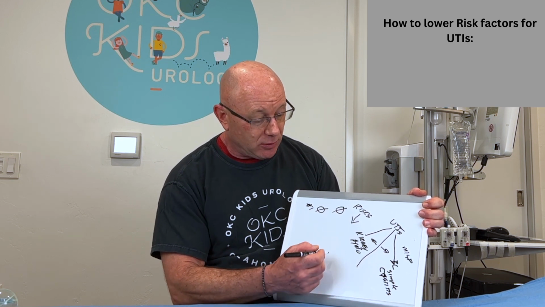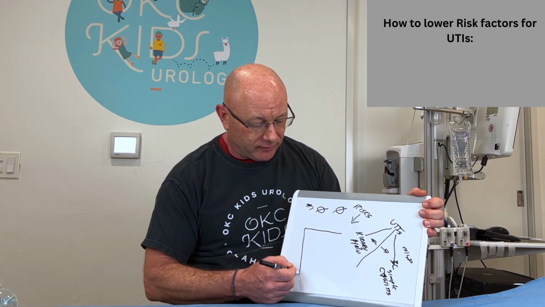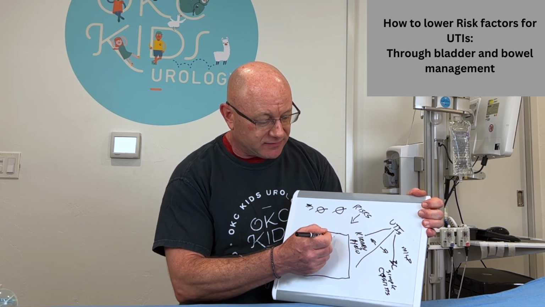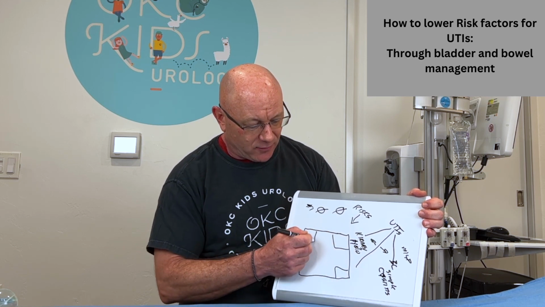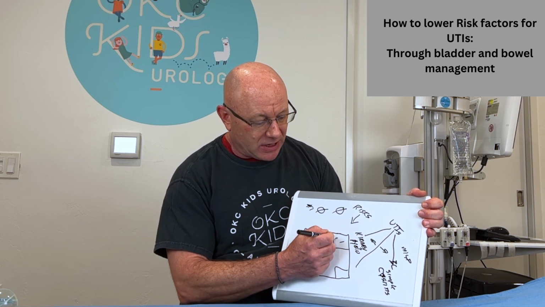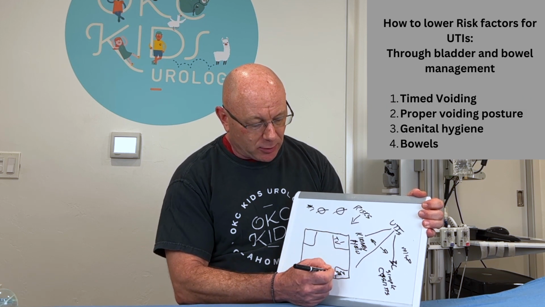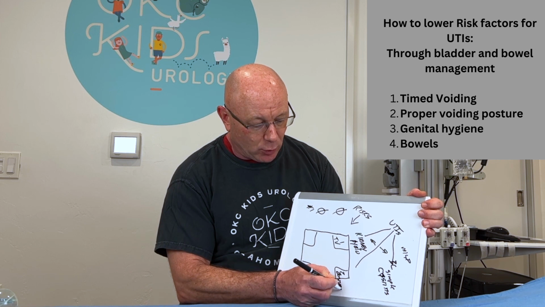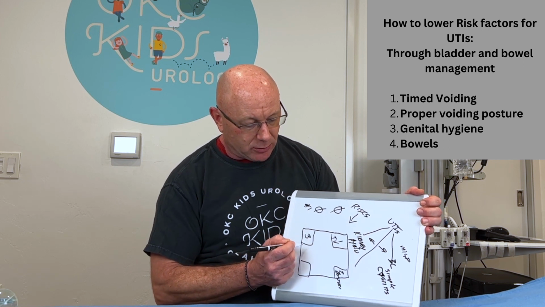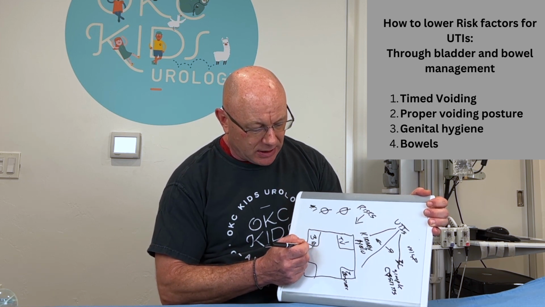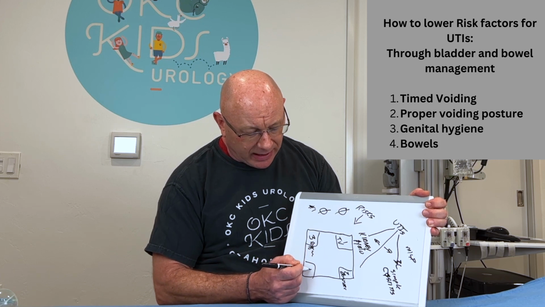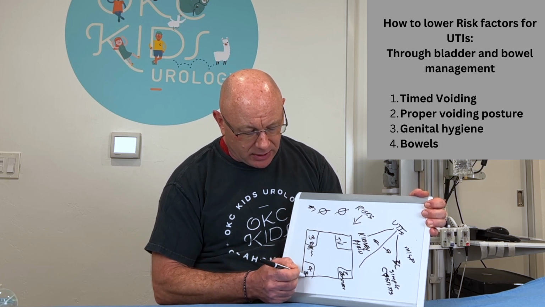And how do we do that? Well, if you tune into one of our other videos, we talk about bladder and bowel dysfunction, and we hit these four areas: time voiding, proper voiding posture for boys and girls, proper genital hygiene for both boys and girls, and number four is the bowels.